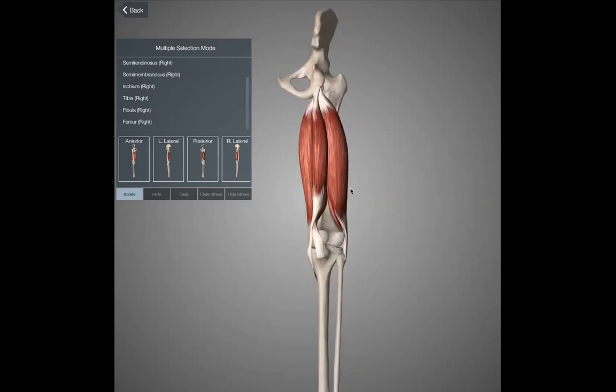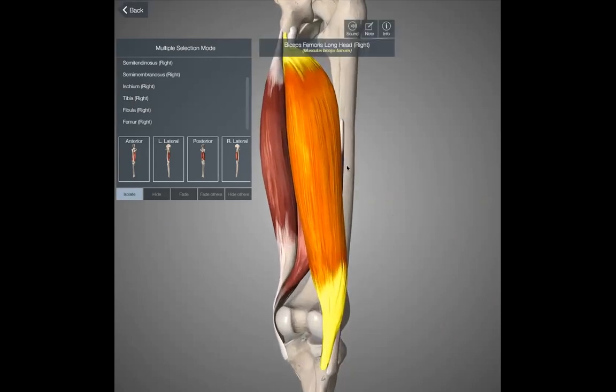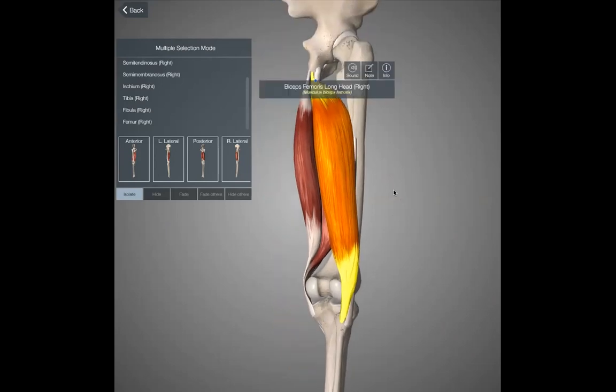To start with, let's discuss the biceps femoris, long head and short head.